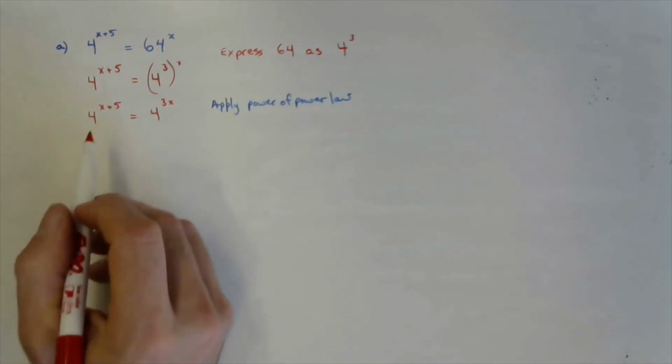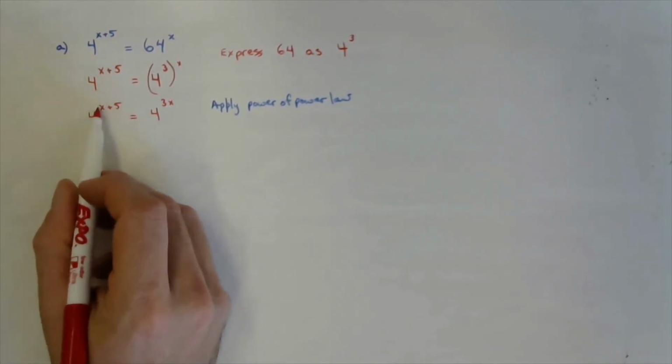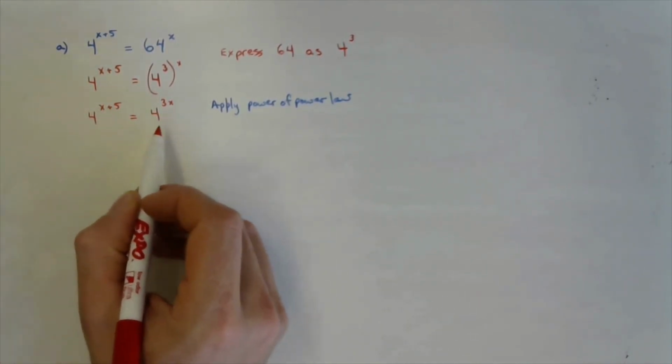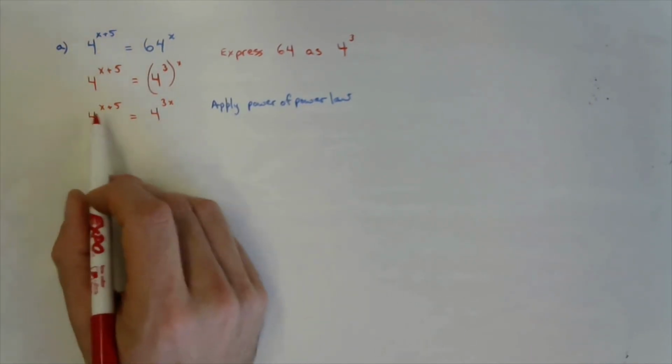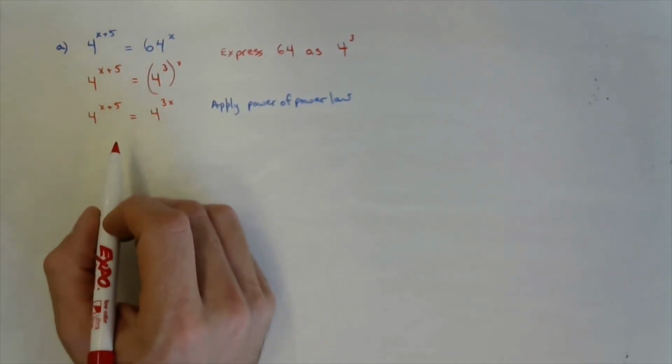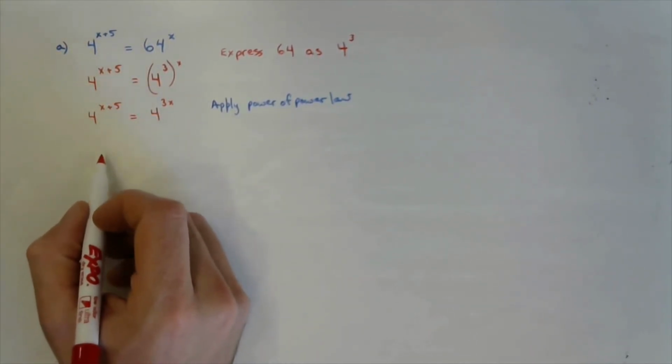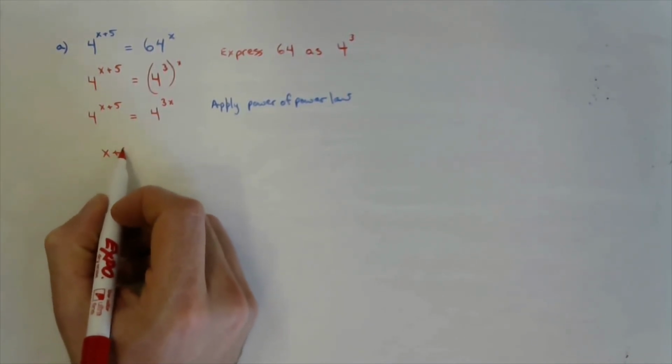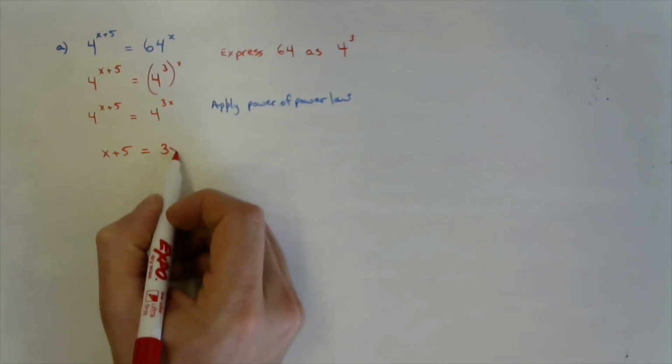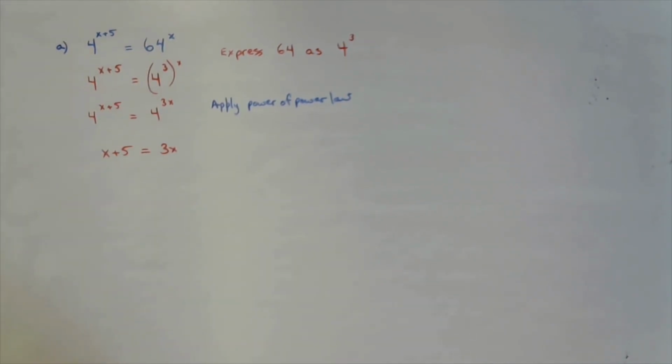And now it's pretty straightforward. If you have 4 to the power of something and it's equal to 4 to the power of something, what does it tell you about those exponents? The exponents also must be equal. So what you can do now is just take x plus 5 equals 3x.